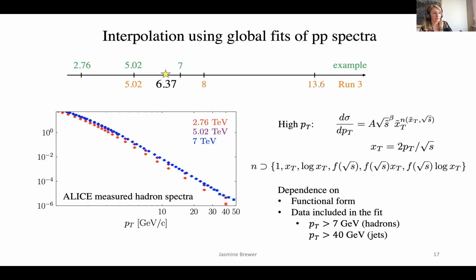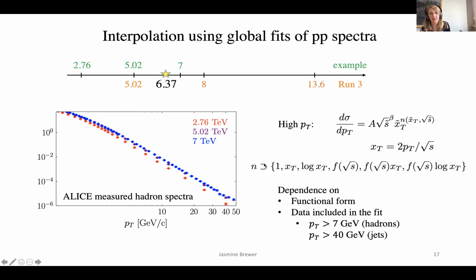The precise motivation of different functional forms isn't overly well motivated. So what we study is systematically varying the functional forms of these fits and studying the dependence of the interpolation on those. In something like the proton-lead run, at least in ALICE, I'm not quite sure about the other experiments, I think they chose one particular version of this type of functional form.